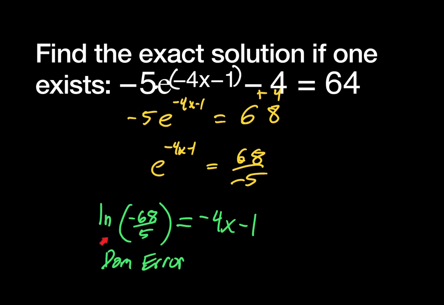E to any power, whether it's a positive or negative number, will always be a positive number itself. You take any positive number to a power, it will always be a positive number. Which means this has no solution.